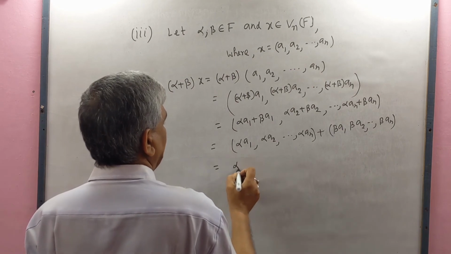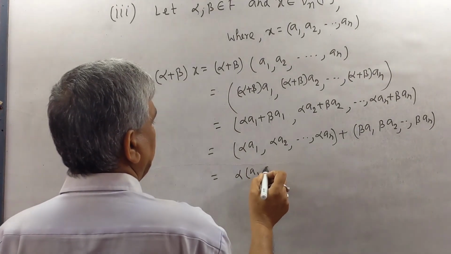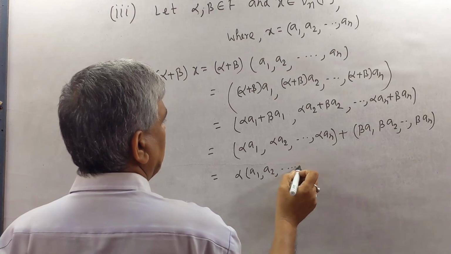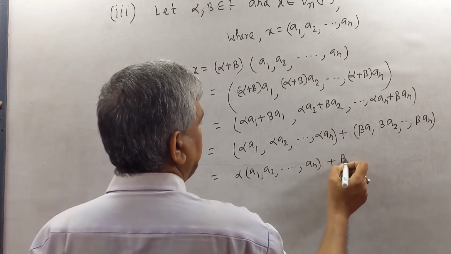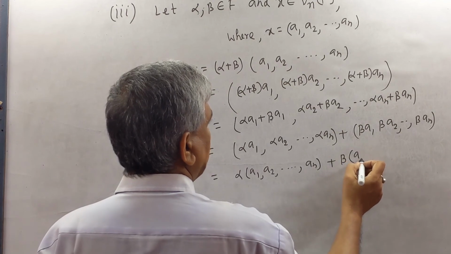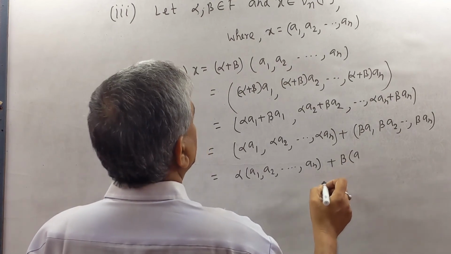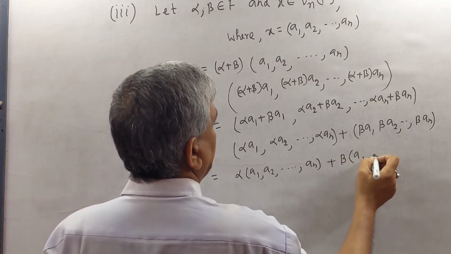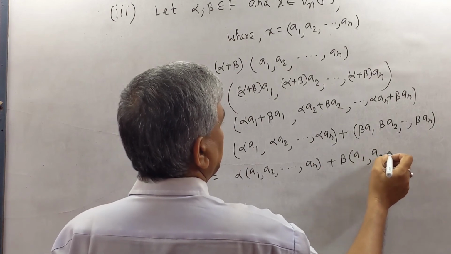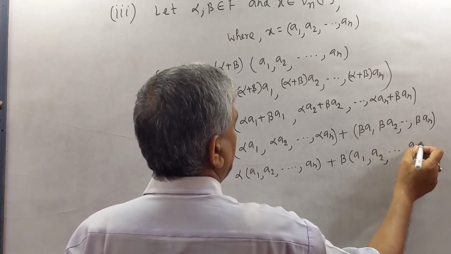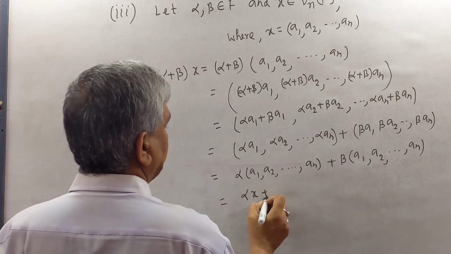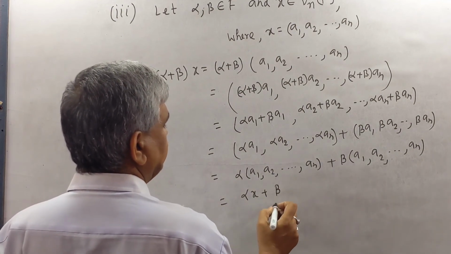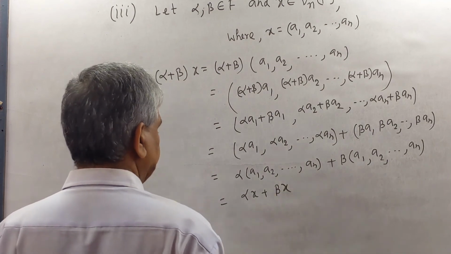This equal to alpha(a1, a2, ..., an) plus beta(a1, a2, ..., an). This is equal to alpha x plus beta x.